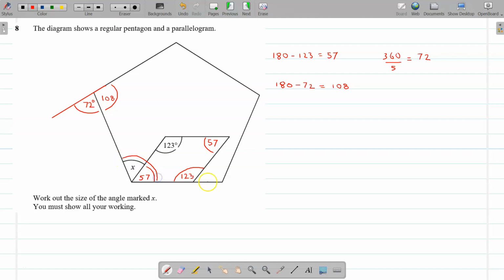That's all 108 as well. So x is going to be 108 minus 57. Okay, which comes to 51 degrees. And that's the answer to the problem, and there's sufficient working there to show where all that came from. Next question.